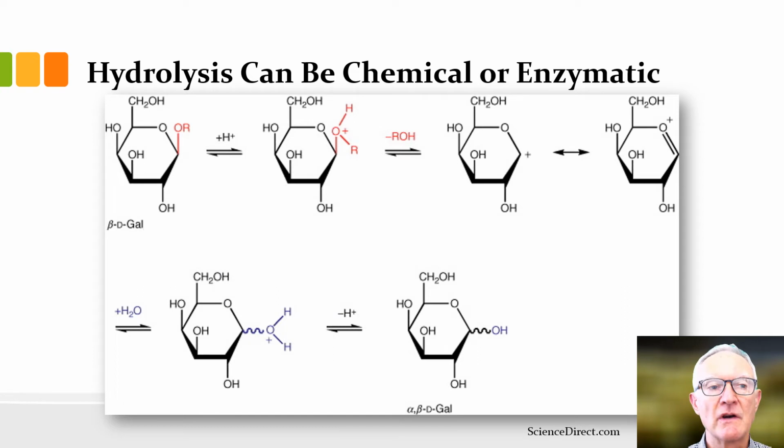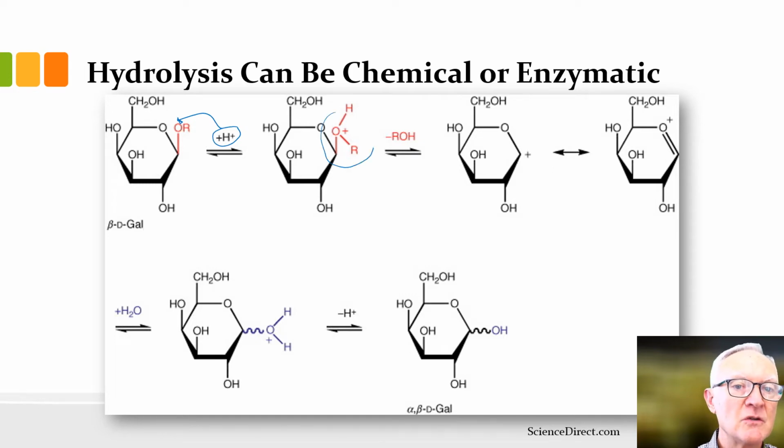Here's the chemical reaction. Here's a little bit of detail. You'd be in an acidic environment. It's acid catalyzed hydrolysis, and that is fine in wine because we've got plenty of acid around. And so the proton is going to get picked up by this oxygen here.